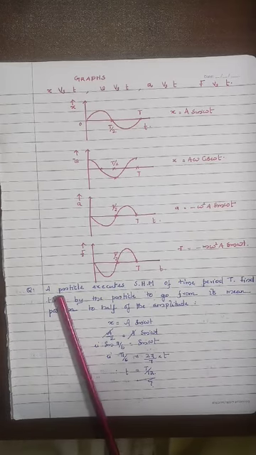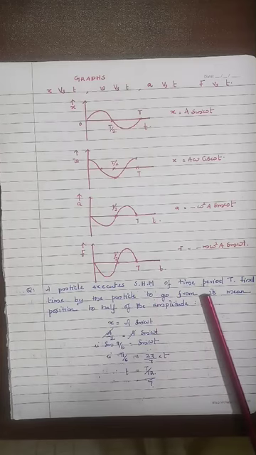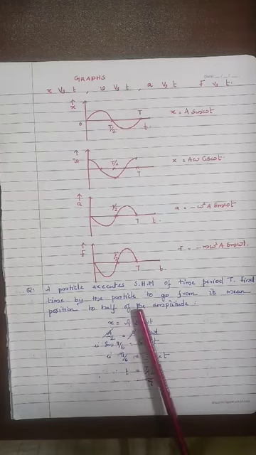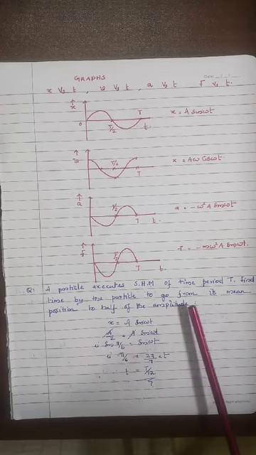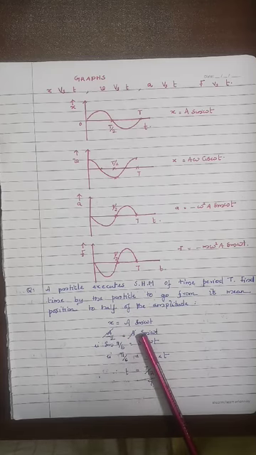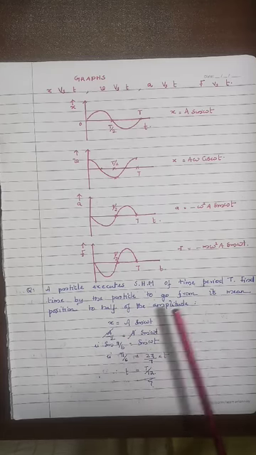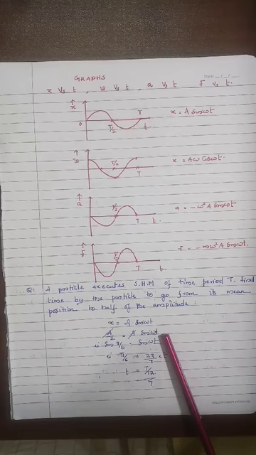Here is a good question. A particle executes SHM of time period T. Find the time taken by the particle to go from its mean position to half of the amplitude. Here you know x is equal to a sin omega t. It is given that x takes the value a by 2, so a by 2 is equal to a sin omega t.